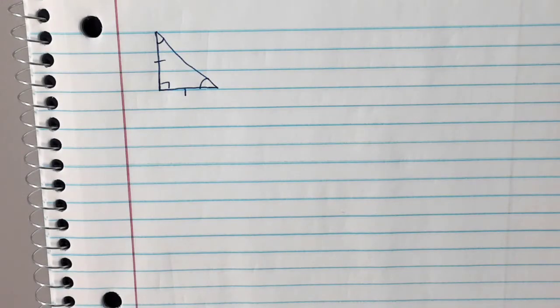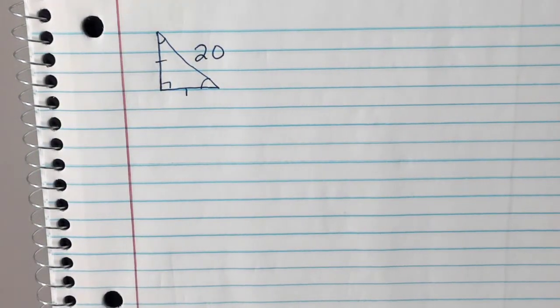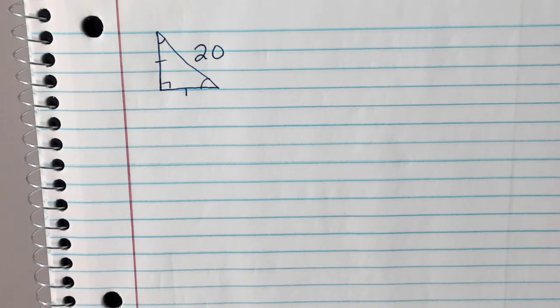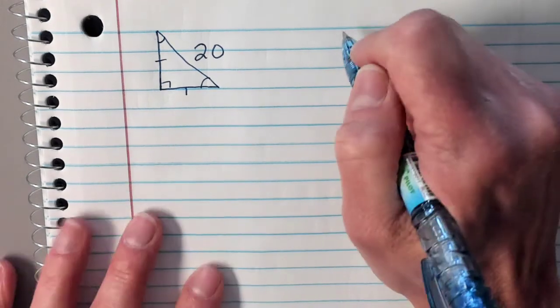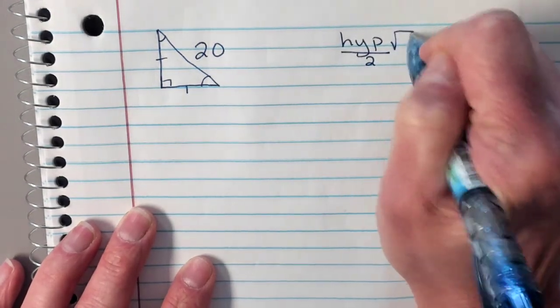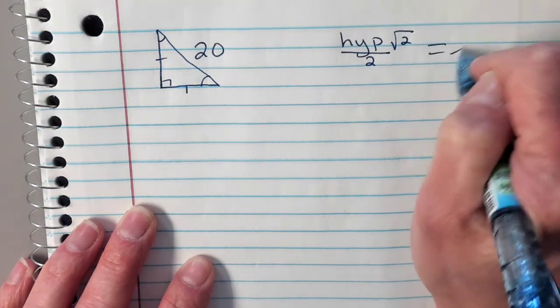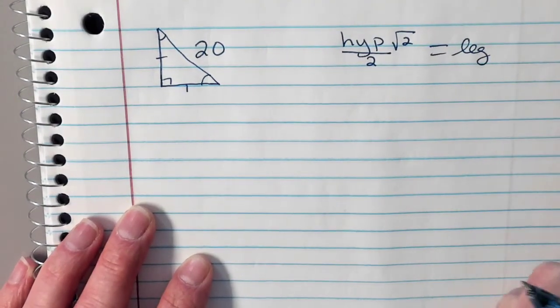So I want our hypotenuse to be 20. I'm not going to do Pythagorean theorem to go find the other two legs. I have a pattern. The pattern says that I can take half my hypotenuse times root 2. That's going to tell me my leg.